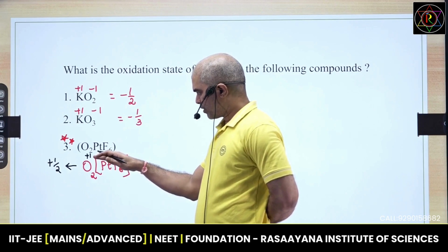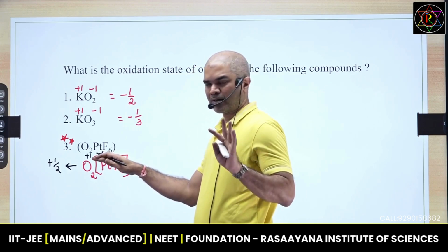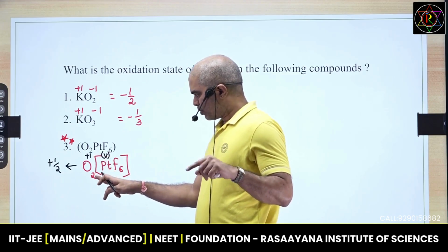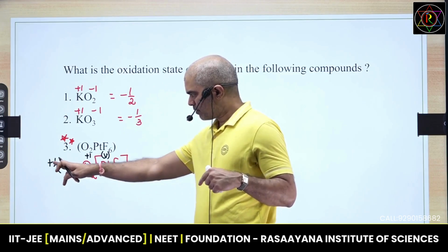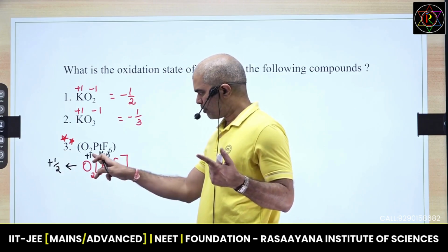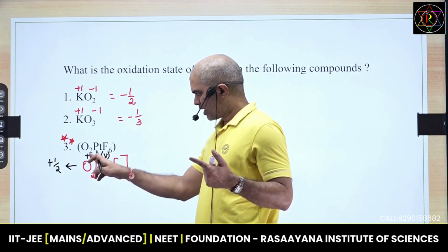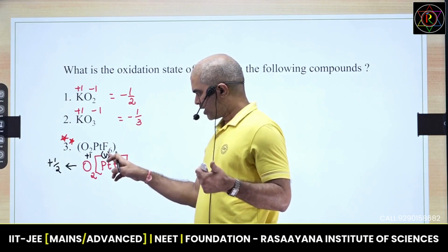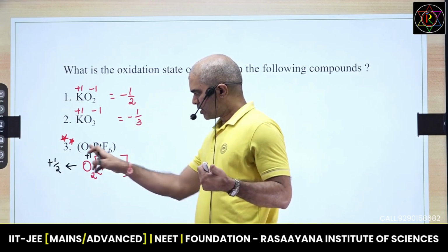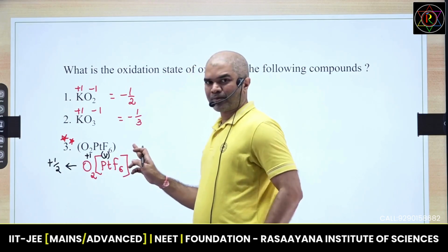Platinum was found to have +5 oxidation state, which is very rare. Then O2 should have +1 oxidation state, so each oxygen will share plus half. So O2 carrying +1, platinum carrying +5, each fluorine carrying -1. This is a very rare compound.